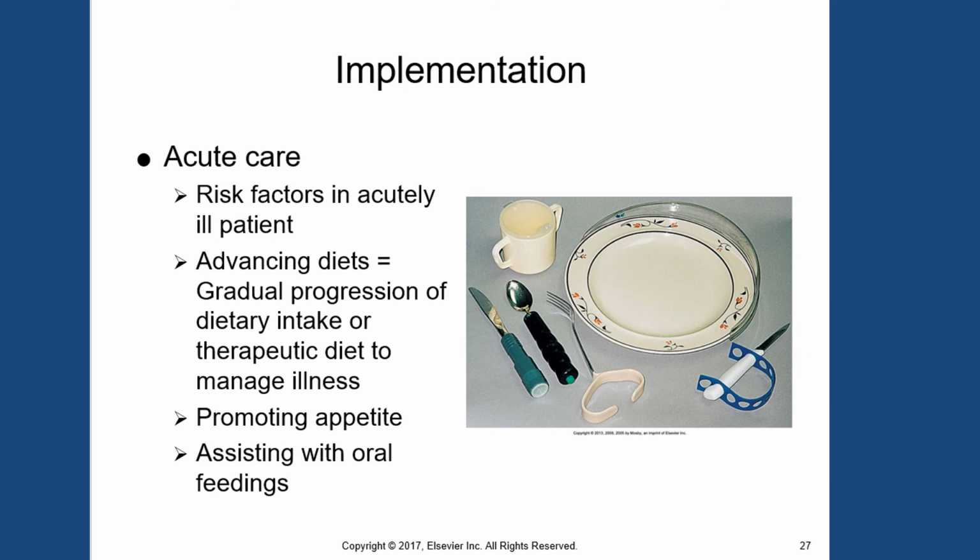When it talks about advancing diets, please go to page 1074, box 45-10, in your old text, that talks about diet progression and therapeutic diets. Go ahead and reference that, and then in your new text, it would be 1122, box 45-10.